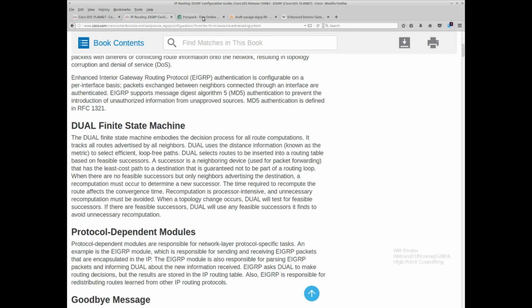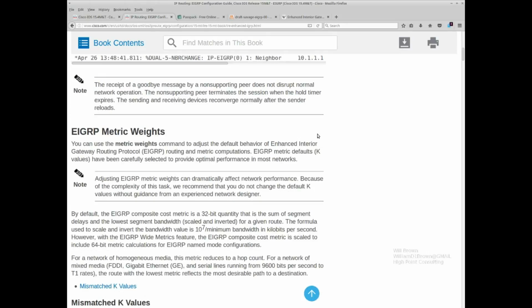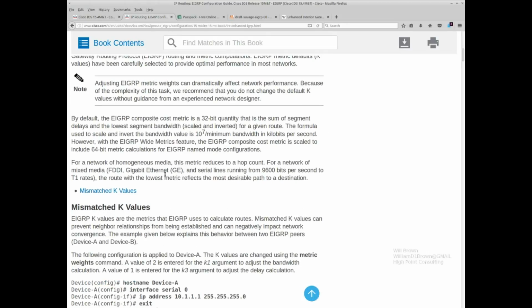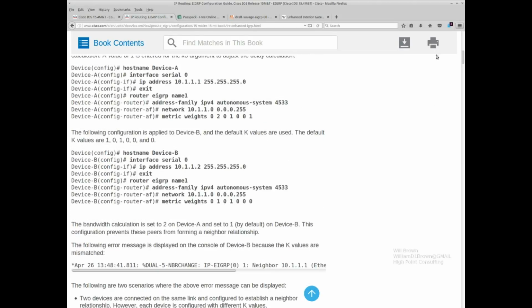Let's see, EIGRP. Let's see if we see their metric weights. That's talking about mismatched K values.